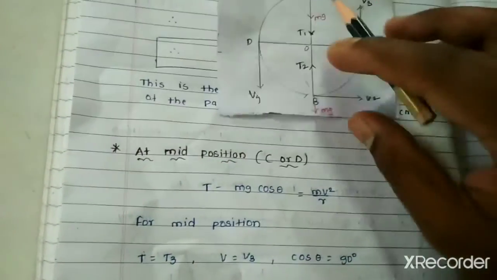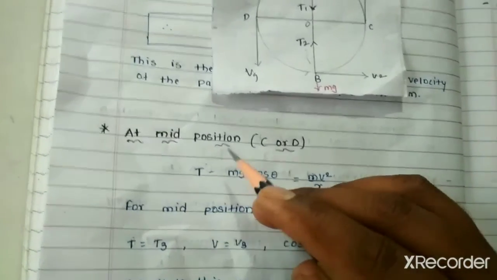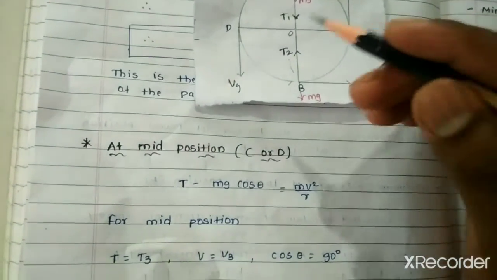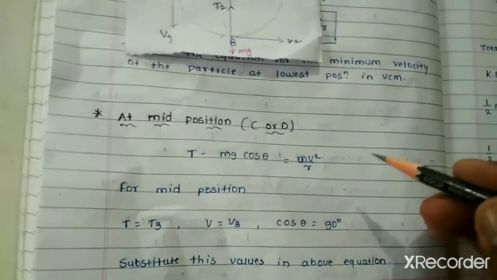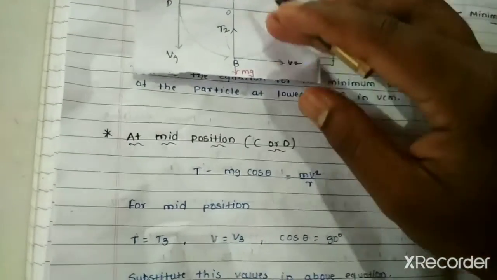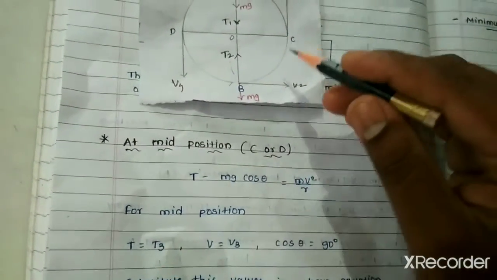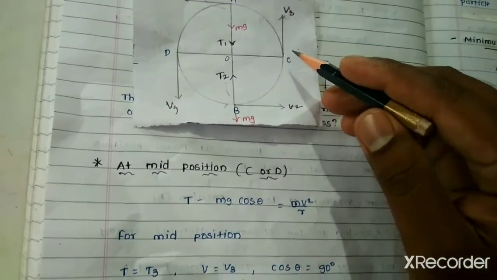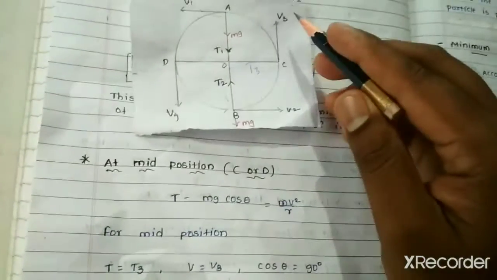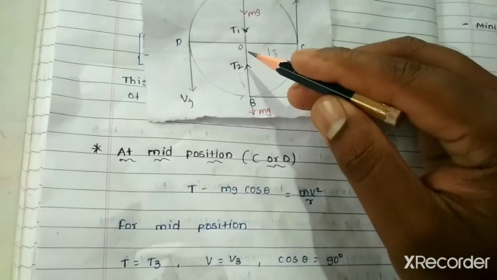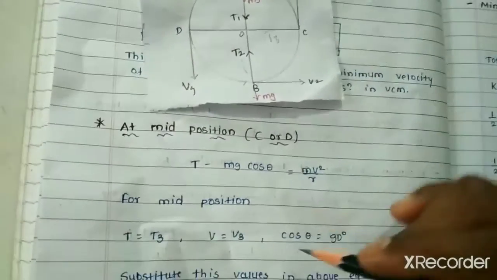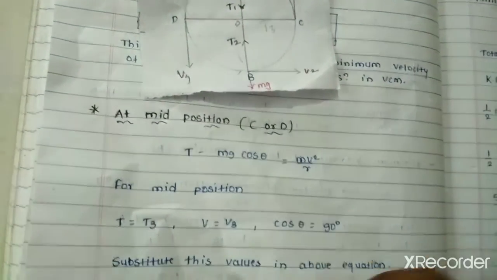So we are going to check the tension at mid position at point C or point D. We all know T minus mg cos theta is equal to mv square upon r, and for mid position T is equal to T3, and V is equal to V3, and cos theta, here the distance covered B to C, so here कौन सा एंगल फॉर्म हो रहा है, 90 डिग्री. So theta is equal to 90 degree.